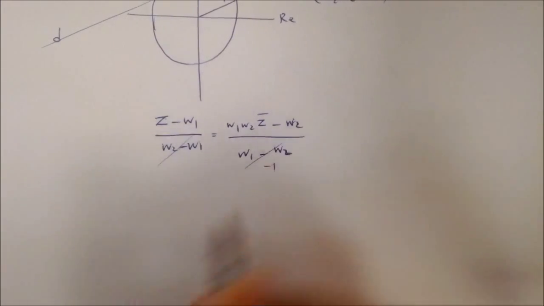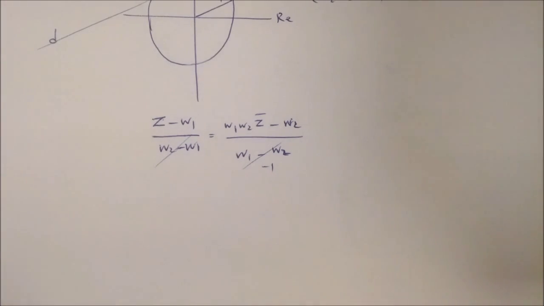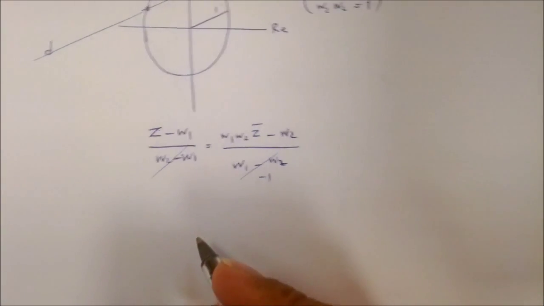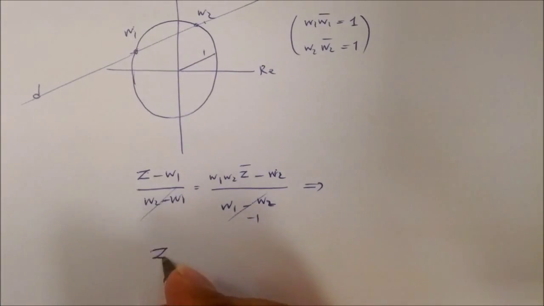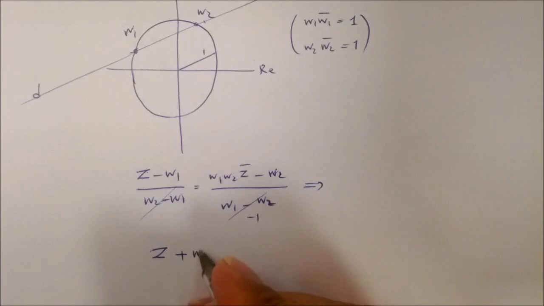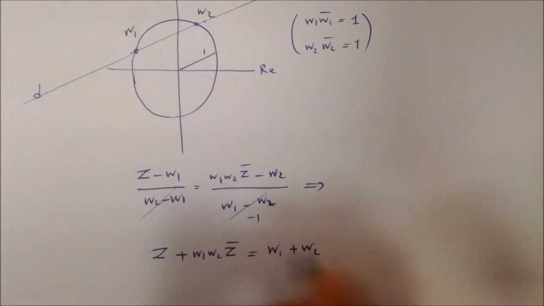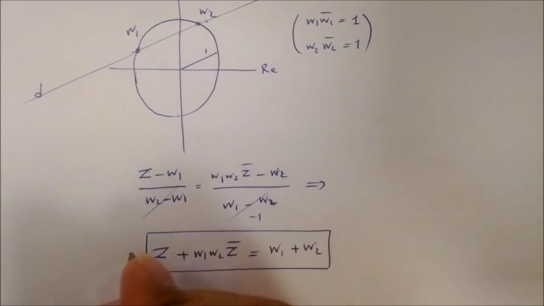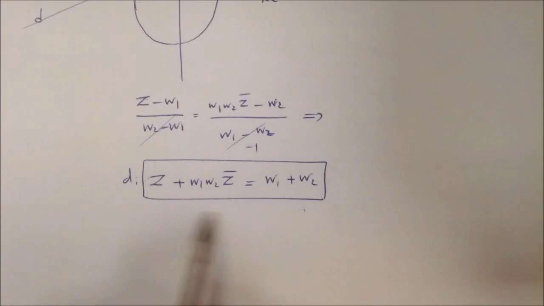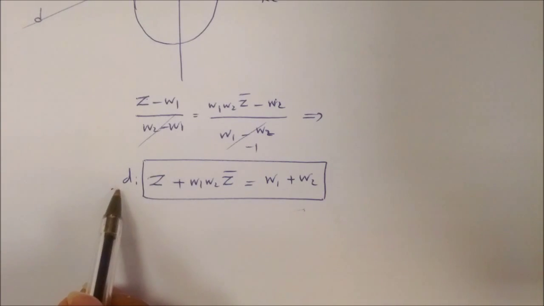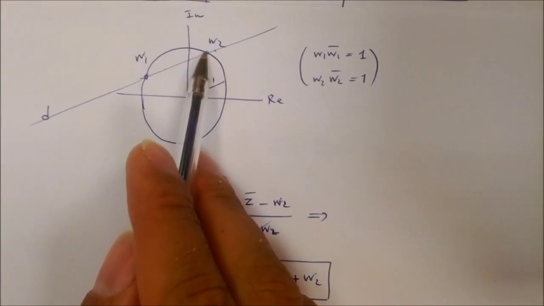So this will be minus 1 because W1 is different from W2. And finally we have Z plus W1 W2 Z bar is equal to W1 plus W2. This is the simplified equation of the line passing through W1 and W2.